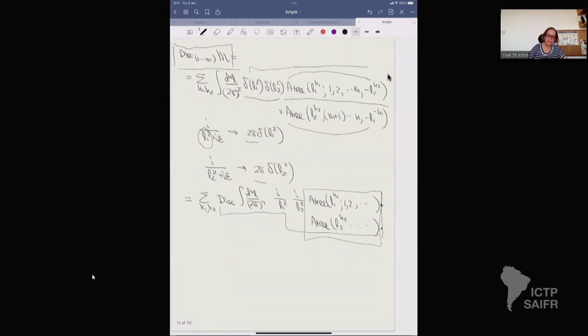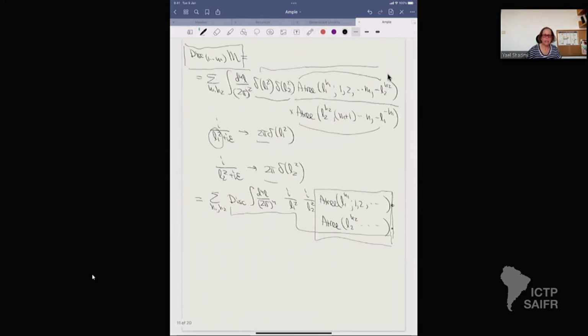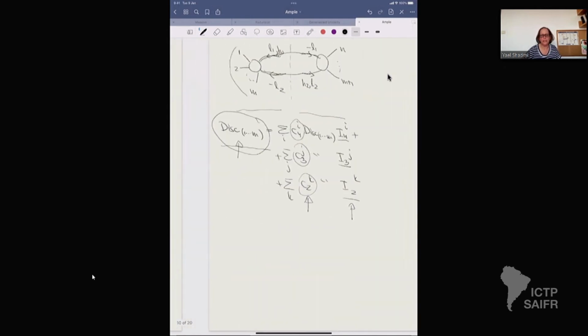But now the idea, and I think I forgot to give the reference to this. So this generalized unitarity was introduced by Bern, Dixon, and Kosower in the 90s. So now the idea is that we can consider more general cuts as well.